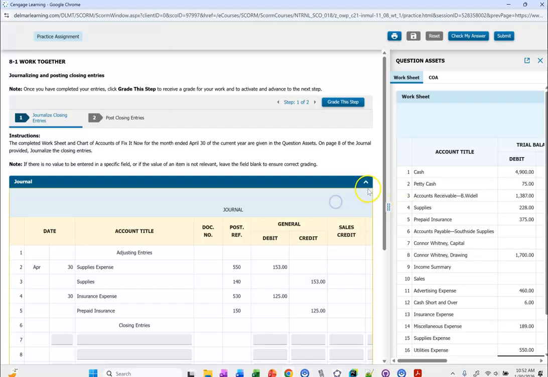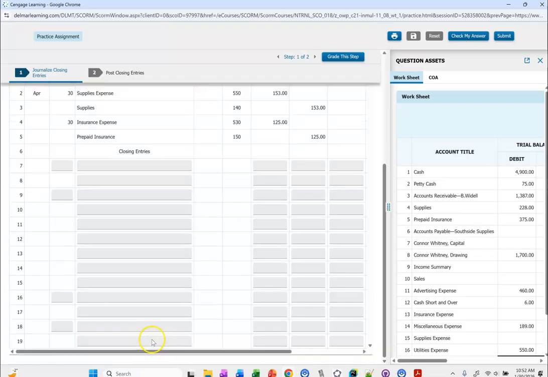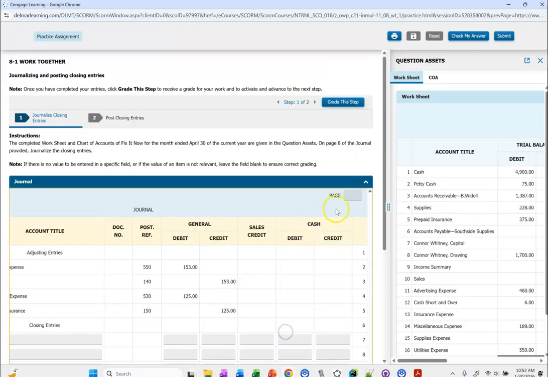So the first thing here is I'm going to fill in my page number. If I read the directions, it says the completed worksheet and chart of accounts of Fix It Now for the month ended April 30 of the current year are given in the question assets on page 8 of the journal provided.